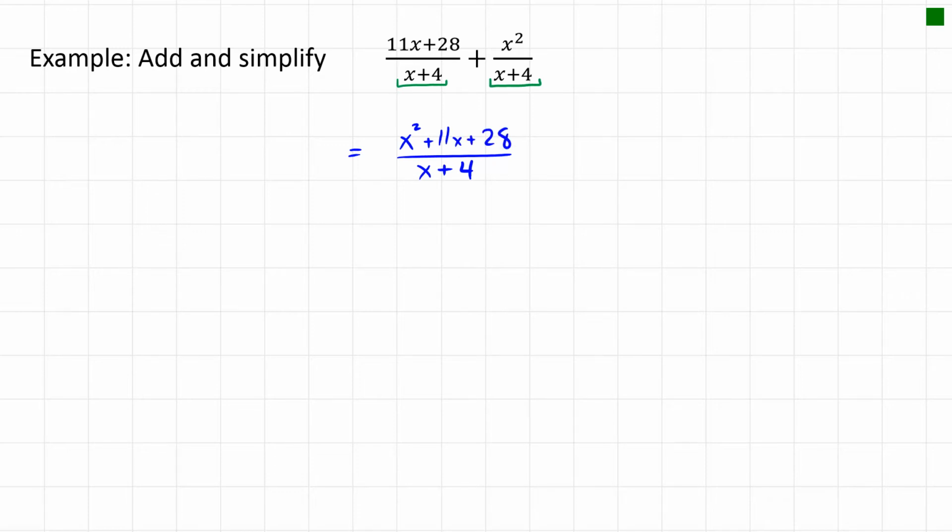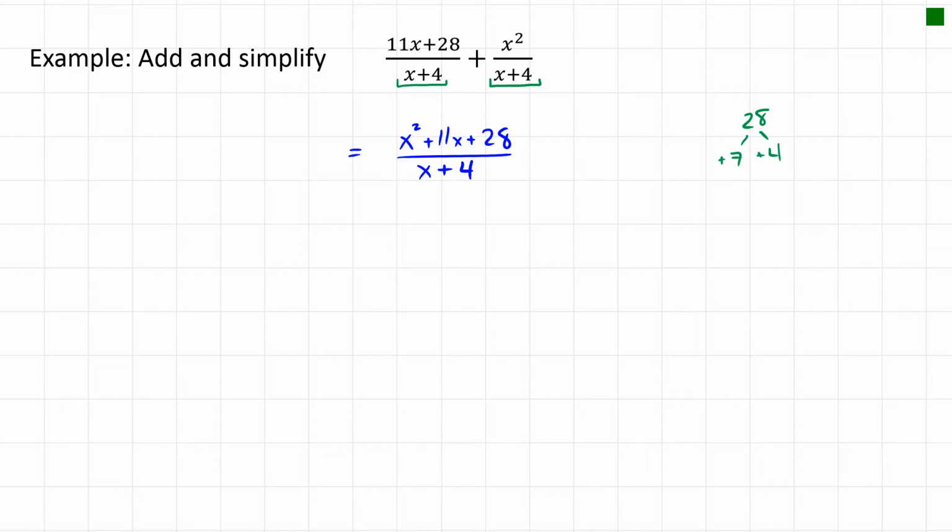So I could leave my answer there, but there's a chance that it's not actually as simplified as it could be. So to do that, I'm going to factor the numerator, x squared plus 11x plus 28. So this is a simple trinomial. Factors of 28 would be 7 and 4 is a good place to start, and those will add to 11.